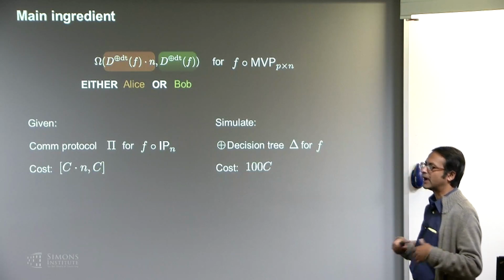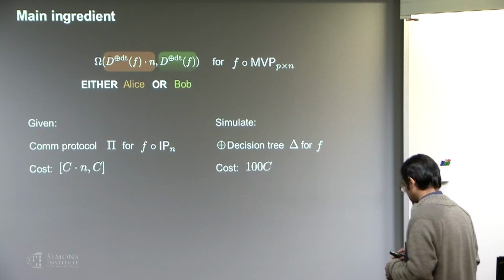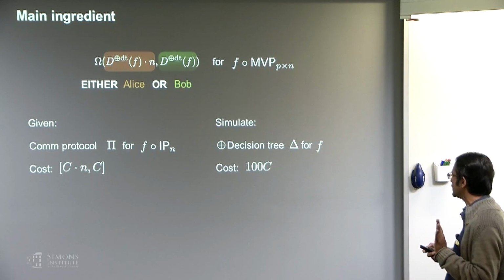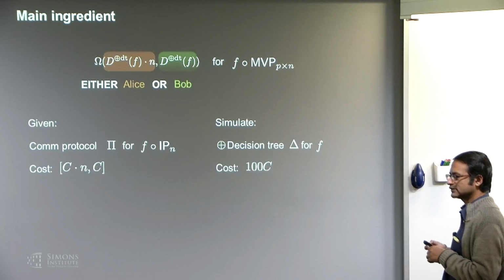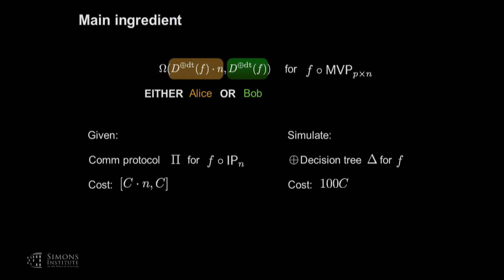And therefore, if the parity decision tree complexity of f was large, then these things should be large. So this follows the same template as the other lifting theorems. But of course, the difficulty here is that parity decision tree has to enter in my lifting result, right? Because I can't hope to get a normal decision tree lower bound. So that's the main sort of mysterious thing.